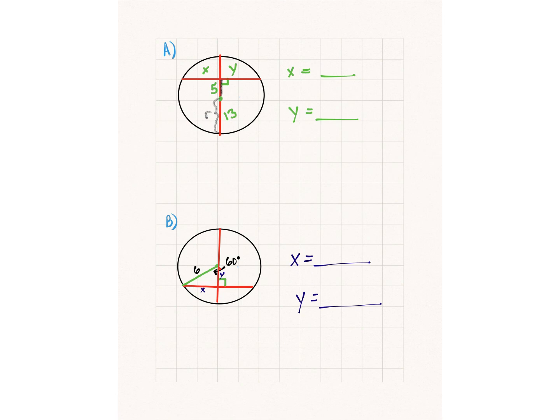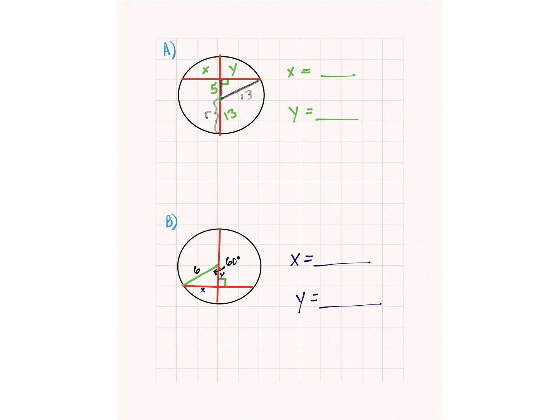There's no way for me to get this just looking at it. I'm going to have to create a triangle, like right there. Now I have a right triangle. What I just drew is a radius, from the center to the side of the circle, so it's also 13.